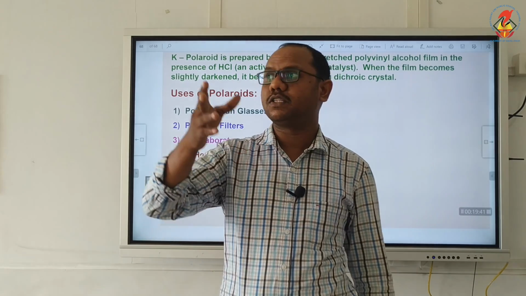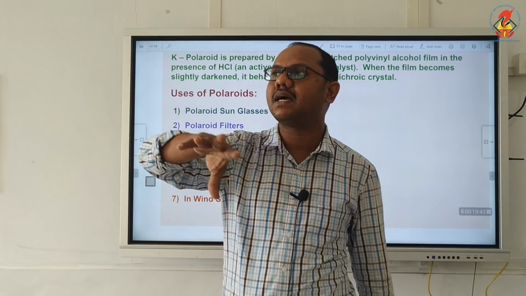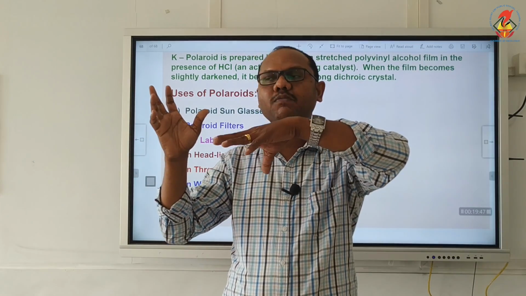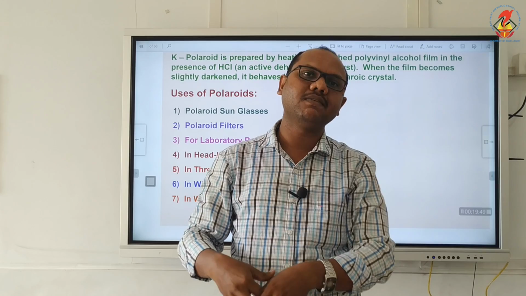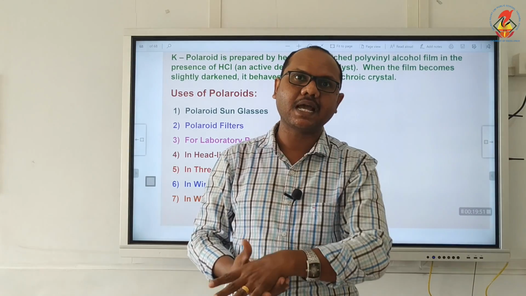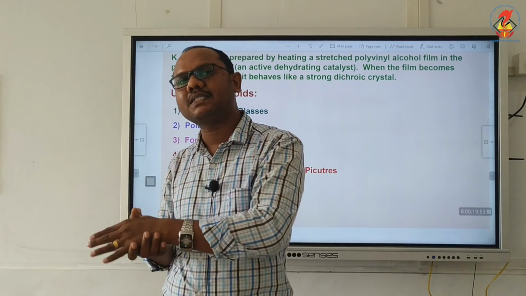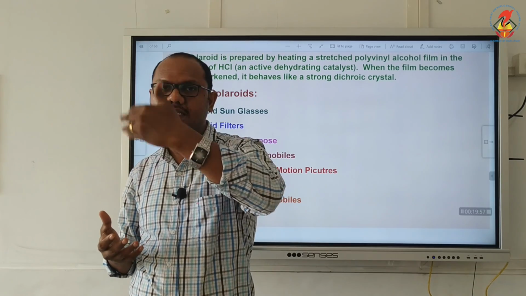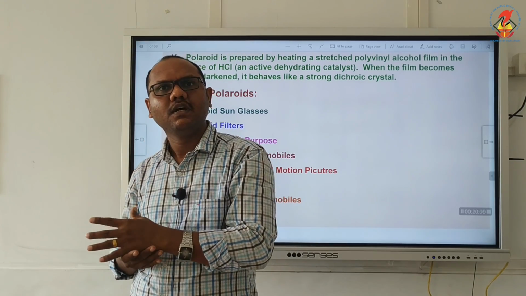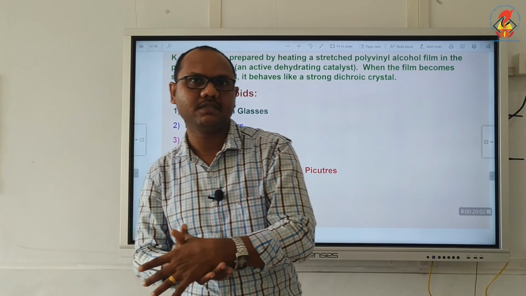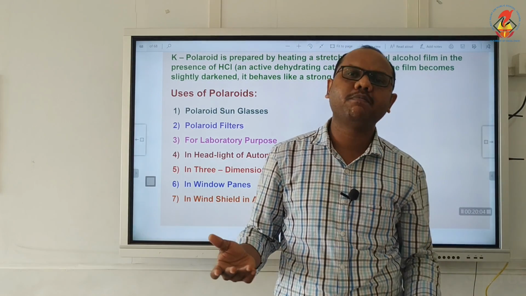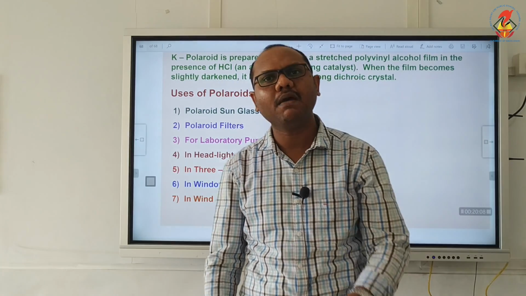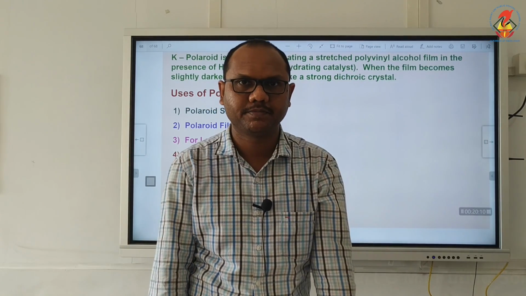That doesn't mean the sunlight is completely polarized. Sunlight strikes certain molecules, those molecules scatter the light, and due to that scattering, those lights will be polarized. But there are other lights coming from the sun which are not scattered, and they will not be polarized. So usually the light we see here will be partially polarized light.